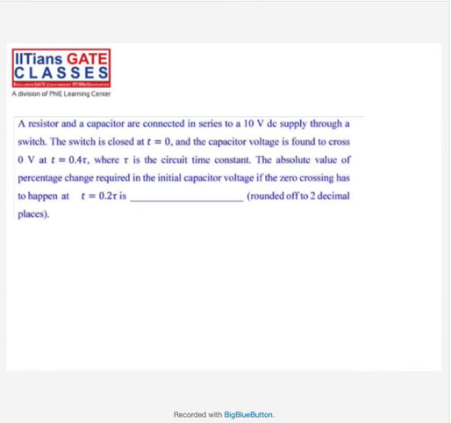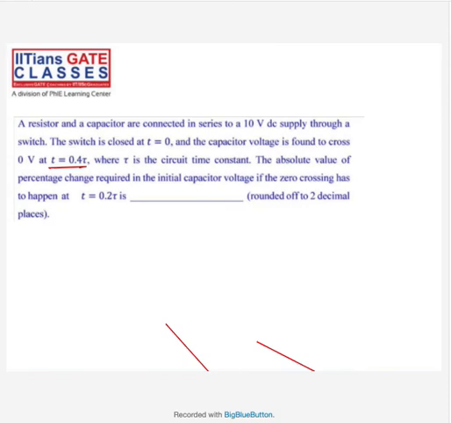Moving on. This is again a GATE 2020 question, a very important question. Everyone try to read the question and answer it. A resistor and a capacitor are connected in series to a 10 volts DC supply through a switch. The switch is closed at t equal to 0, and the capacitor voltage is found to cross 0 volts at t equal to 0.4 tau, where tau is the circuit time constant.